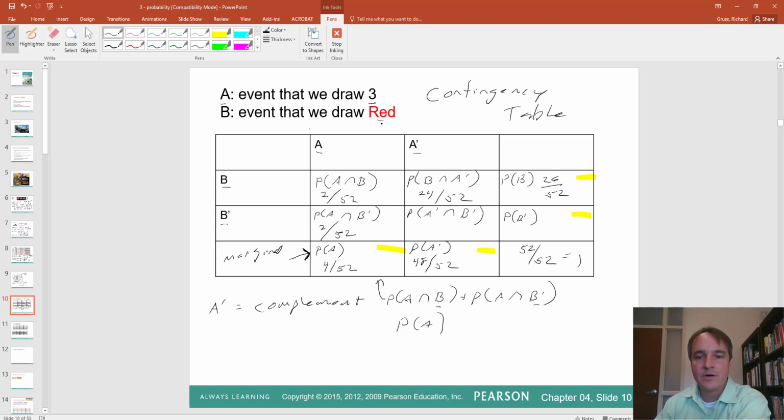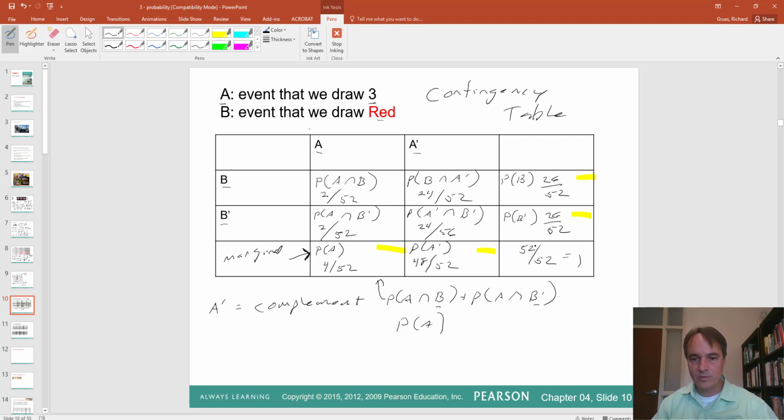The probability of a card not being red is just 26 out of 52, half the deck. And we know that there are 2 cards that are not red and are 3s. So that means there must be 24 cards that are not 3s and not red.